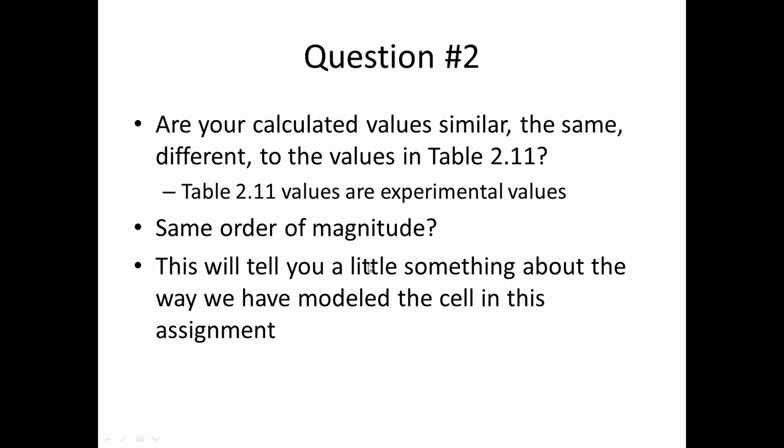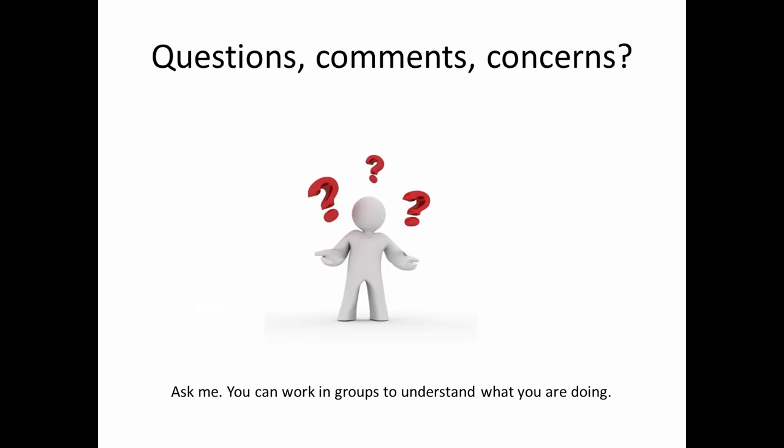This is going to tell you a little something about the way we have modeled the cell in this assignment. Have we made too many assumptions? Maybe we have. You'll find out. And you can just give a little opinion on what you think is going on when comparing the actual values with our calculated values.